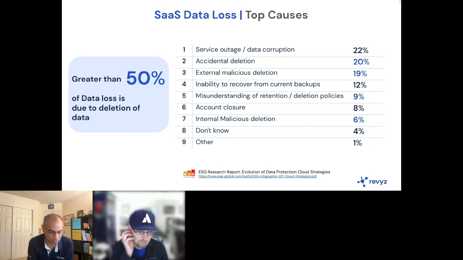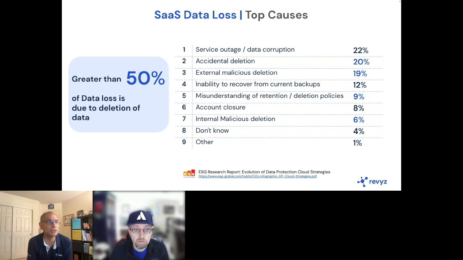Ransomware is about taking your data, encrypting it, and holding it for ransom. In the case of an application such as Atlassian's Jira or Confluence, it is more of a bad actor taking over your account and then potentially changing or deleting the data. That's where the malicious outsider comes into play.